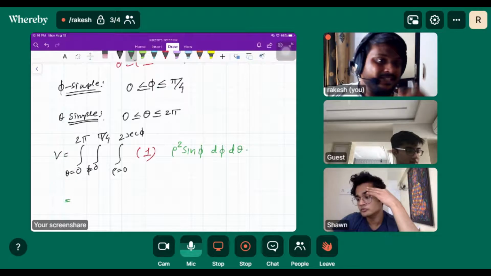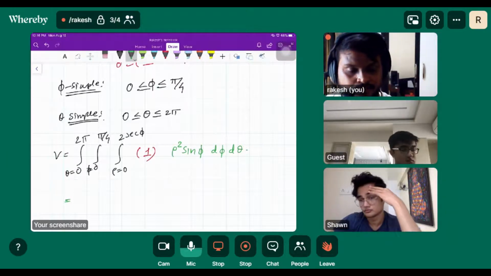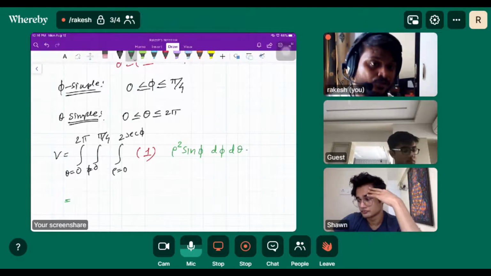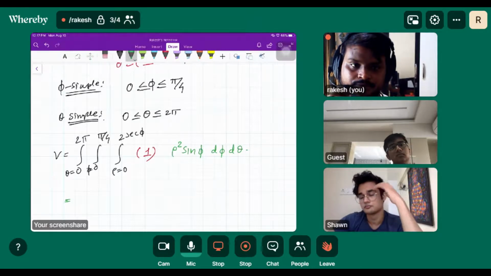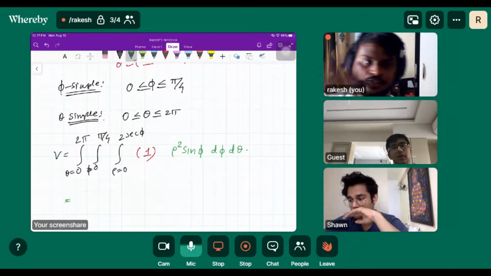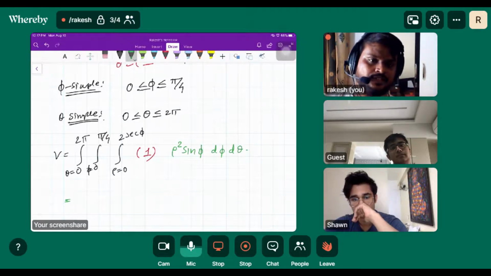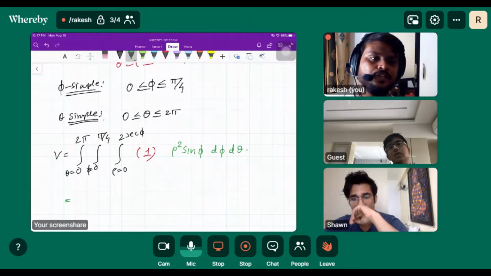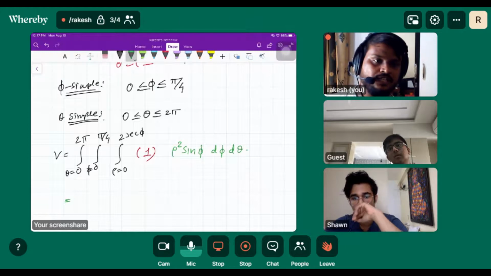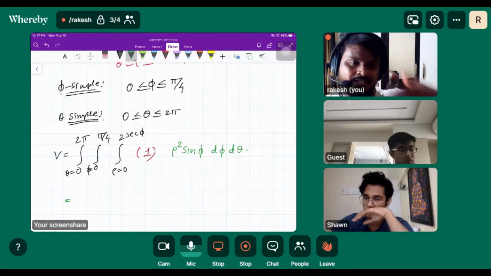See, if you integrate this directly, without knowing the consequences of theta going from 0 to 2 pi, you will get 0, isn't it? You will get 0 because it is going from 0 to 2 pi. Because of symmetry, the integration would cancel each other, right? So we have to convert theta to 0 to pi by 2, with 2 outside as a coefficient multiplied.